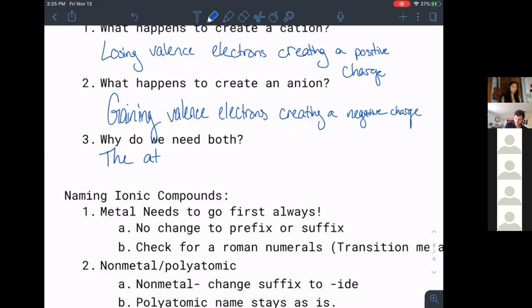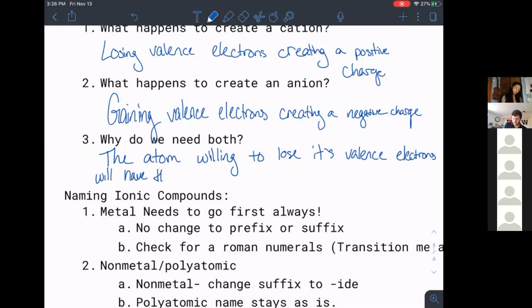The atom willing to lose its valence electrons will have them taken by an atom willing to gain electrons.